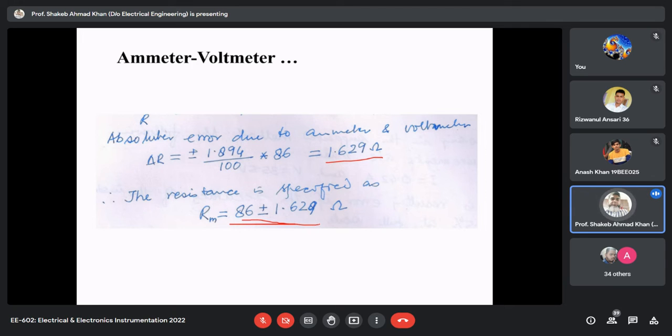This is the way we mention this kind of disclaimer: as per the accuracy of the equipment and methods, this method with this much inaccuracy in voltmeter and ammeter will ensure that your reading will come within this range. If this is the true value, then it will come within this range. So this is how the calculation is done, and what is the meaning of different kinds of error.